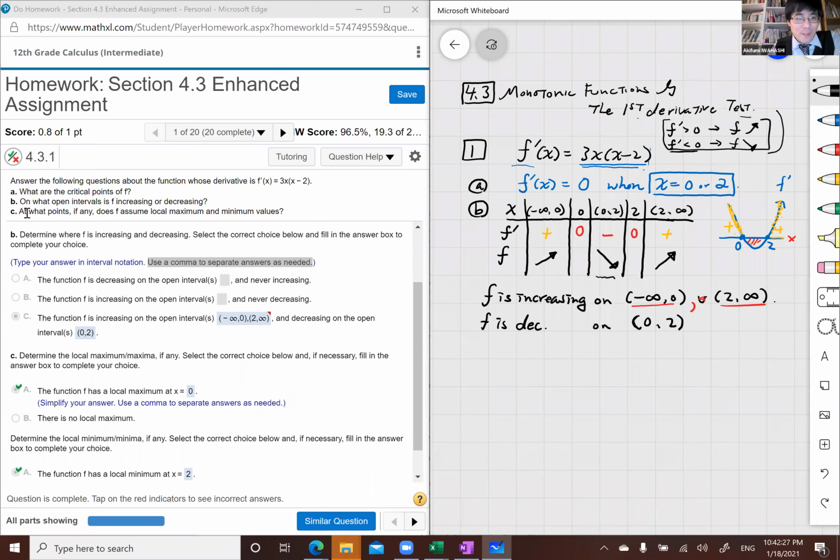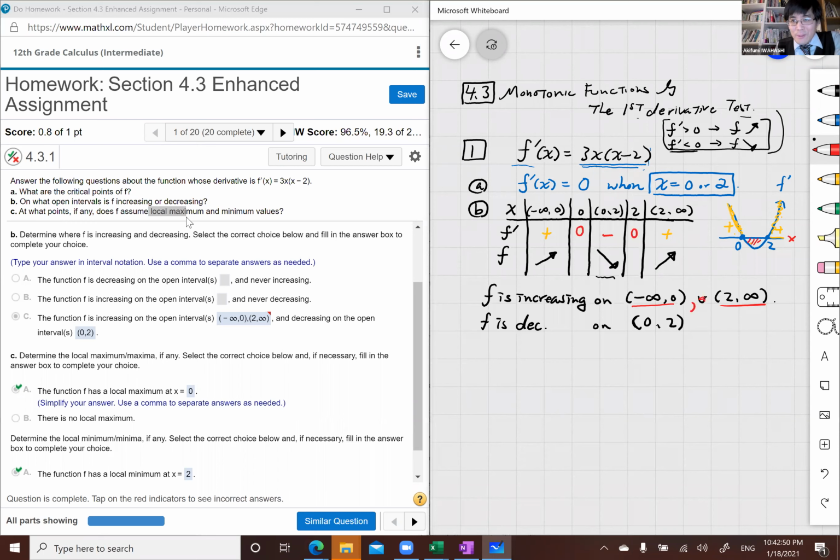Now part C. At what points, if any, does f assume local maximum and local minimum values? A local maximum is the point where the function is highest in its neighborhood. That happens at the critical point where the function changes from increasing to decreasing.